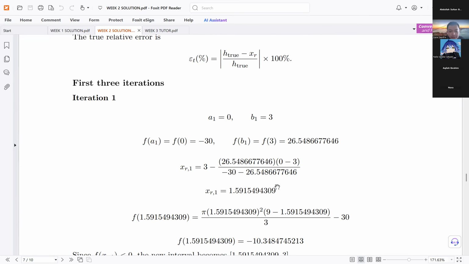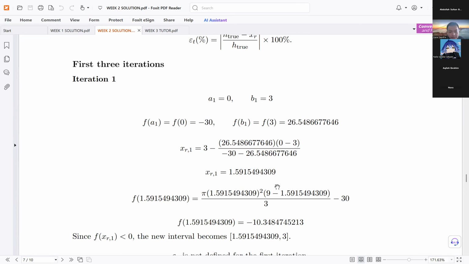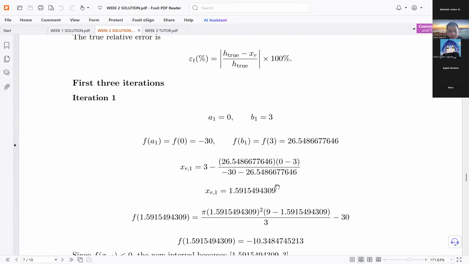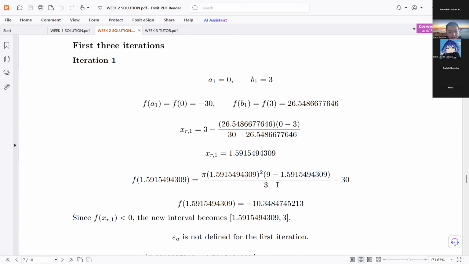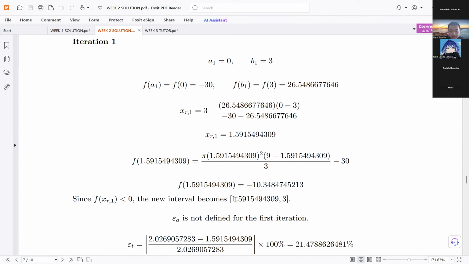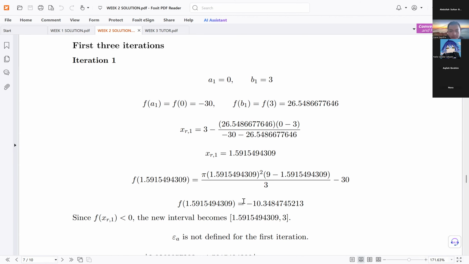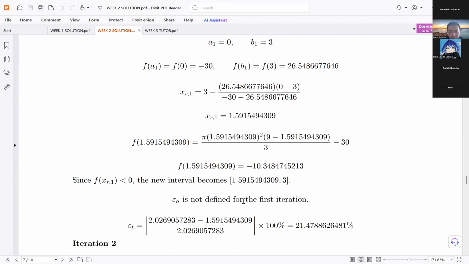For the regula falsi point, we know X is 1.59, and we just compute F(1.59), and we get the result, which is minus 10. And since F at the regula falsi point is less than 0, the new interval is on the left side. We change the left side from 0 into 1.59.